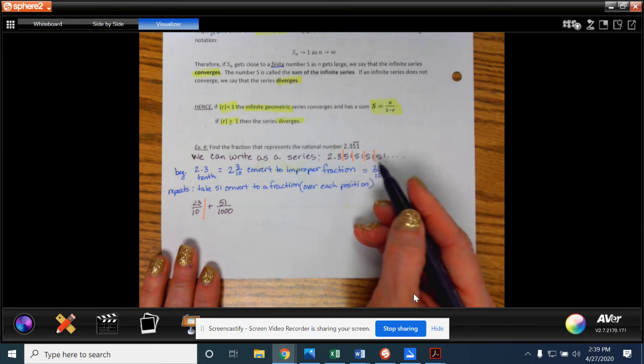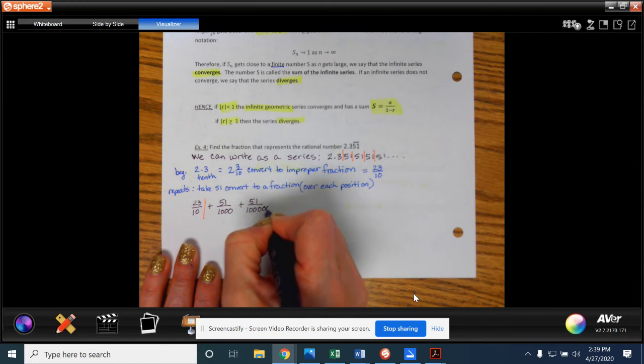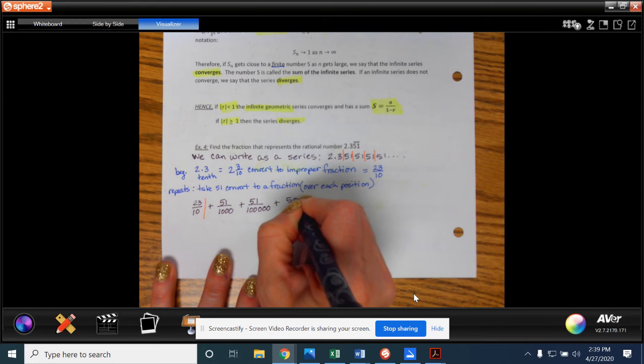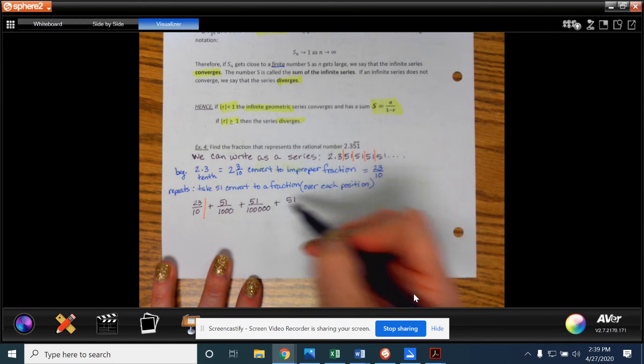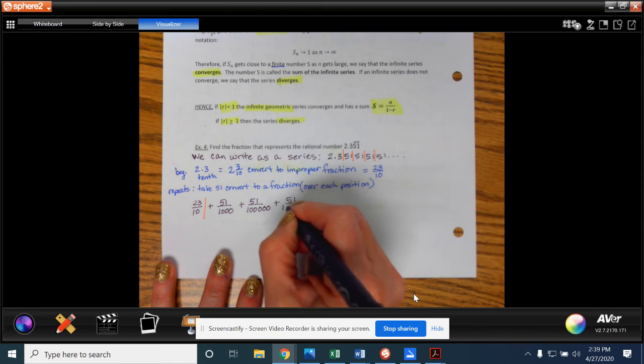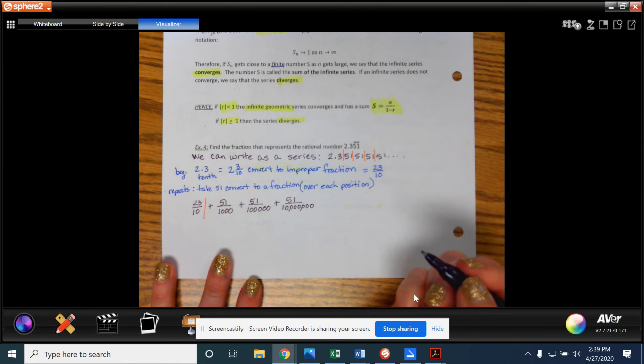That's 100,000. So plus 51 over 100,000, plus 51, and notice that that adds 2 zeros. So I would have, instead of 5, 7: 1, 2, 3, 4, 5, 6, 7, and then you know it's over 10 million.